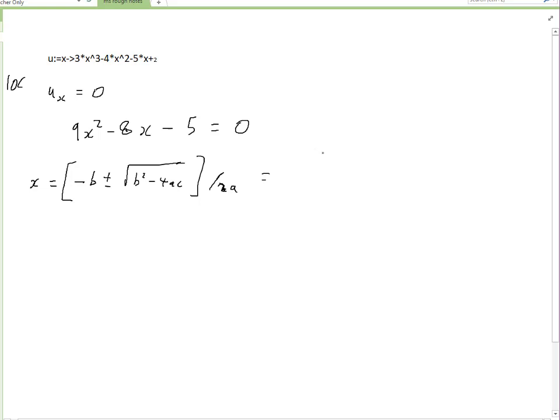So I'm going to put into here, minus b, so we've got 8 plus or minus the square root of 64 minus 4 times a times c, divided by 2 times a, which is 2 times 9.